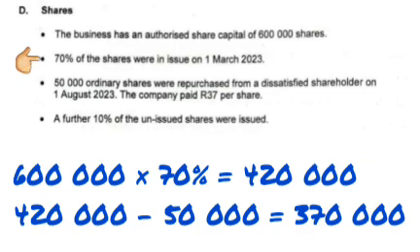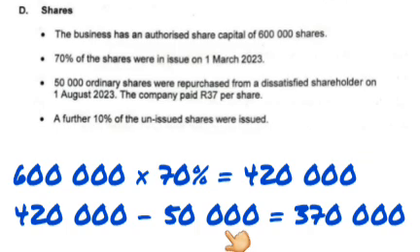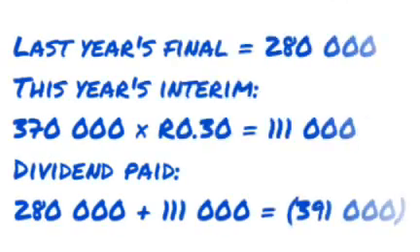So the 70% happened on the 1st of March, which gave us the 420, and then the buyback happened on the 1st of March, so it must be included. So 420 minus the 50,000, I'm left with 370. So 370 is the number of shares that were in issue when we were issuing the interim on the 1st of September.